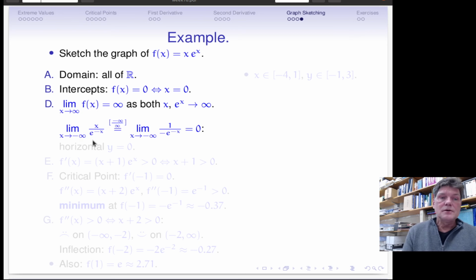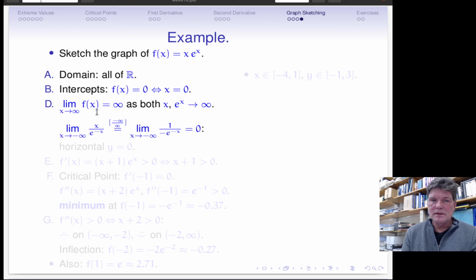rule. If we rewrite this product as a quotient, x divided by e to the minus x, which of course is the same, but then we're looking at an expression where the x goes to minus infinity as x goes to minus infinity, and e to the minus x goes to infinity as x goes to minus infinity.